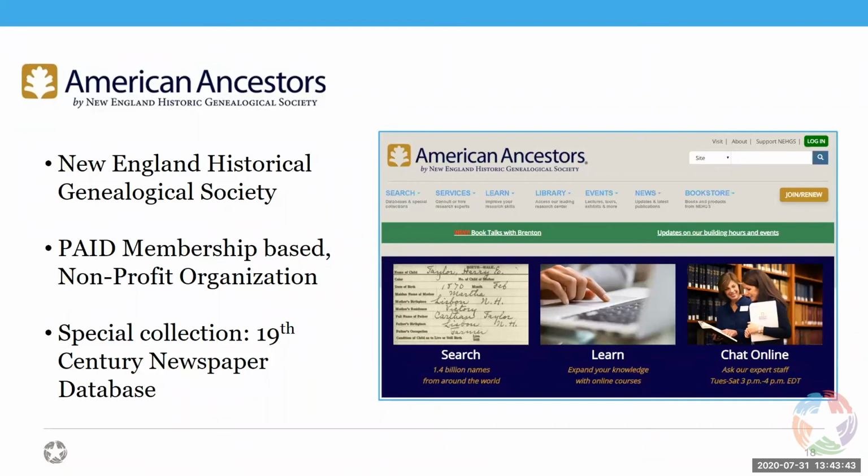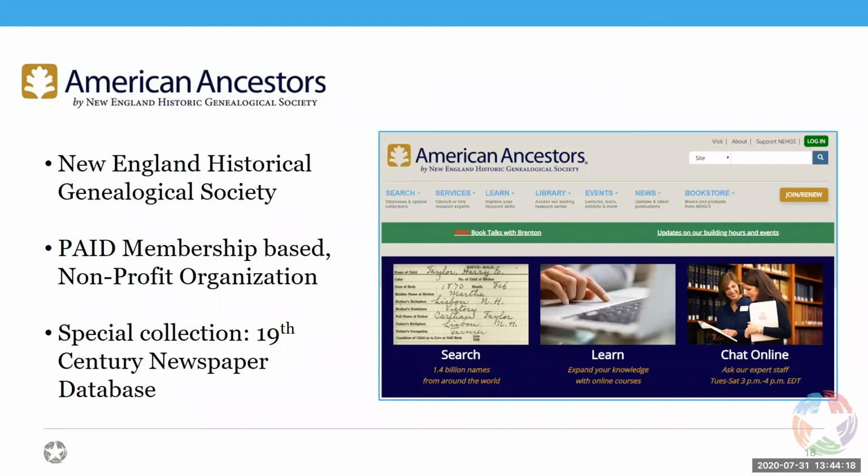So with American Ancestors, this is a really interesting collection that I would like to explore and play with. American Ancestors is by the New England Historic Genealogical Society. And this society was founded in 1845. So they have a long history. It is a paid membership-based nonprofit organization, but they do provide a pretty impressive range of education services and original research and family histories.